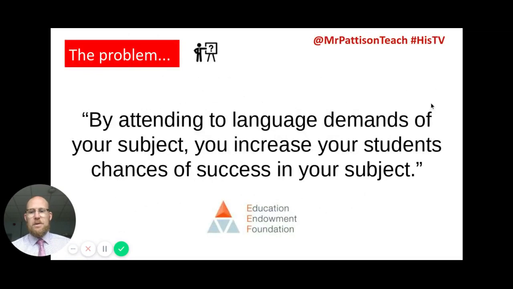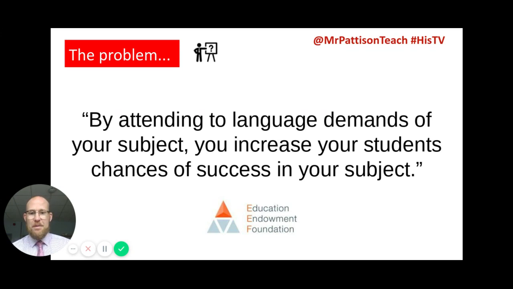So as far as Frayer models, what's the idea of it? Well, I'm now in my 14th year of teaching, and what has become increasingly apparent to me through my reading and through my research is that several of my students over those 14 years have failed to progress due to a language barrier. Essentially, they haven't understood a significant number of the words I've used, and that has prevented them from fulfilling their potential.